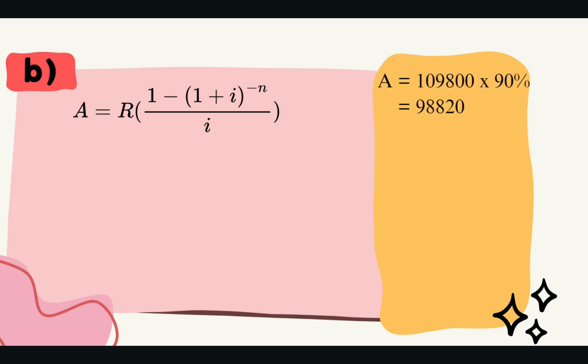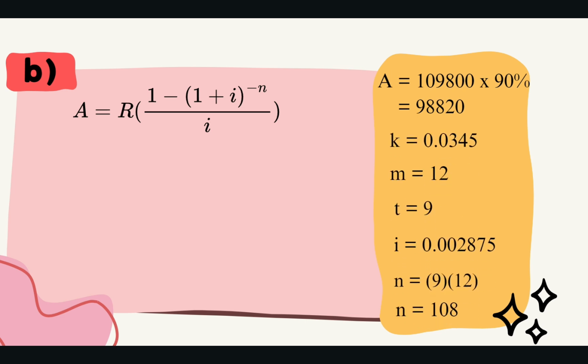Sure. We will use the same formula as before. Similarly, we need to find the values that we will use in the formula. So, the values are as follows. A is equal to 109,800 multiplied by 90%, because Zara already made 10% of down payment, which is 98,820.